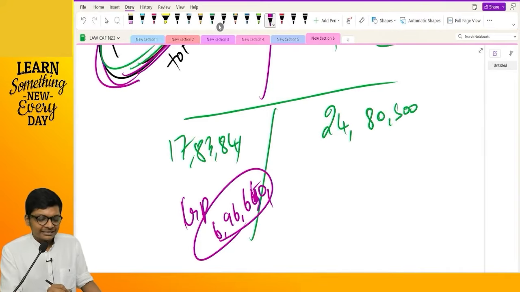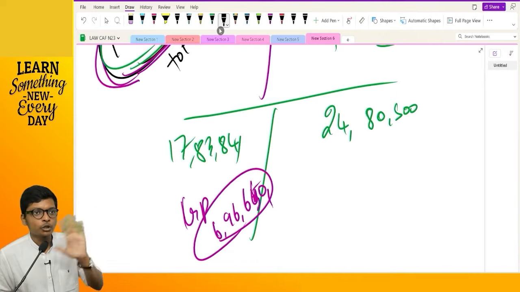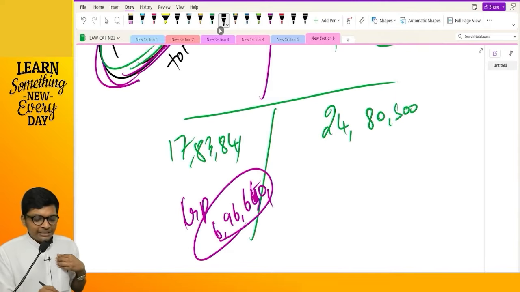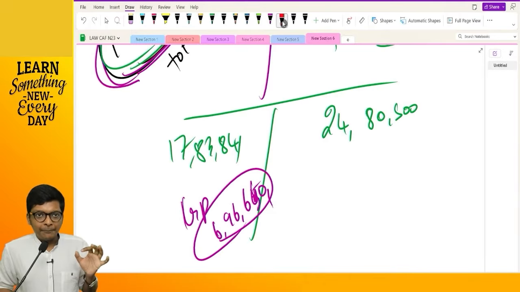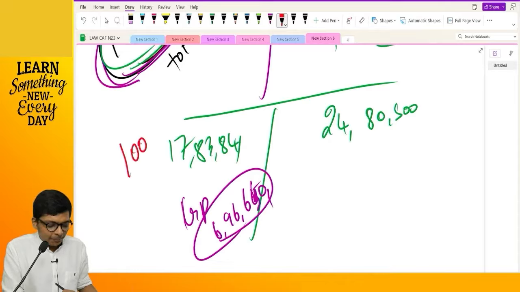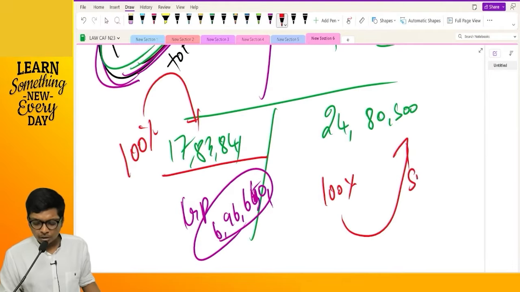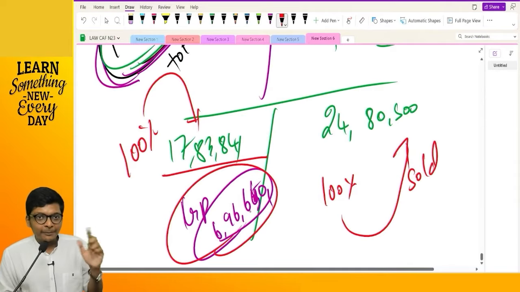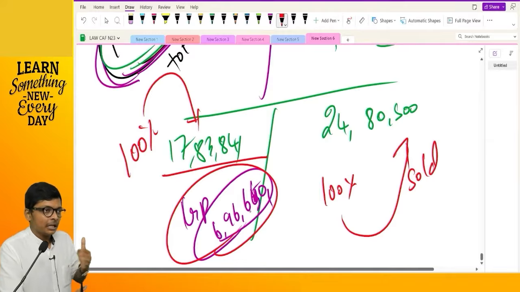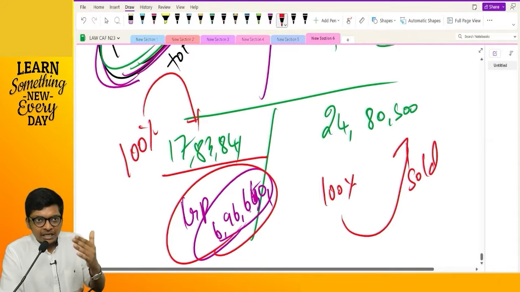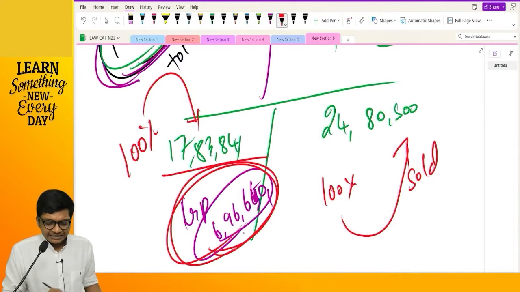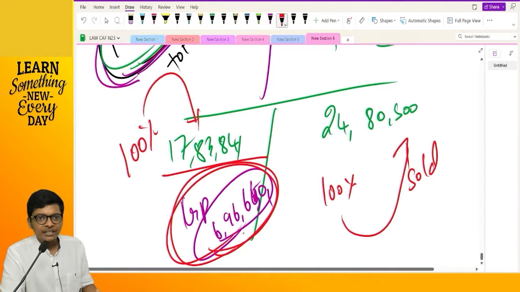That means, sir, is this the actual gross profit? No, I'm sorry, this is not the actual. My assumption is 100% of purchased goods is sold. If 100% of my goods are sold, this would have been my profit. If I had sold everything I bought, I would have made a profit of 6,96,659.